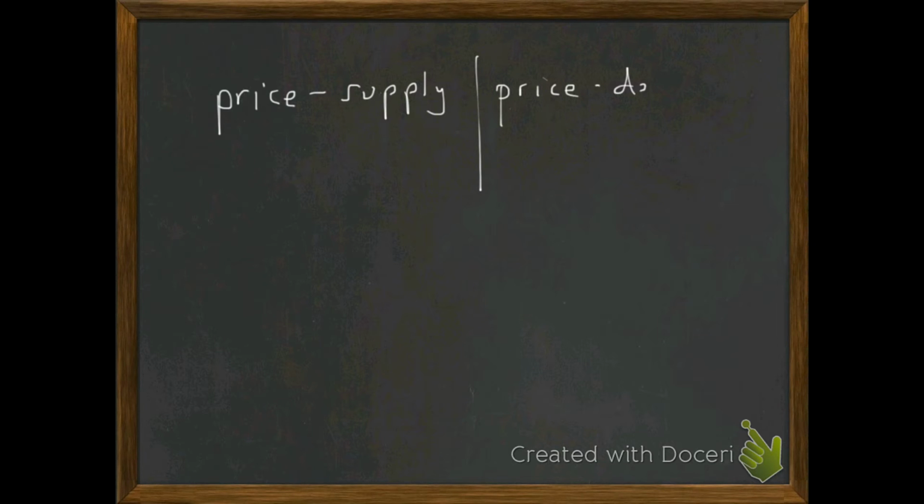When we deal with the price supply and price demand, we want our price to be our dependent variable, and our supply to be a function of the quantity.